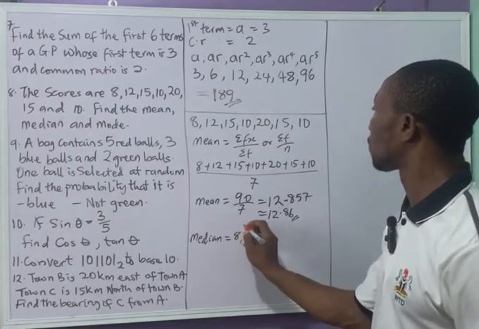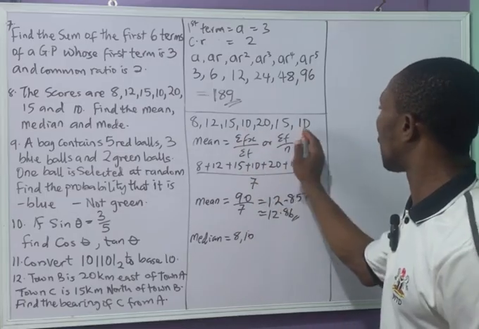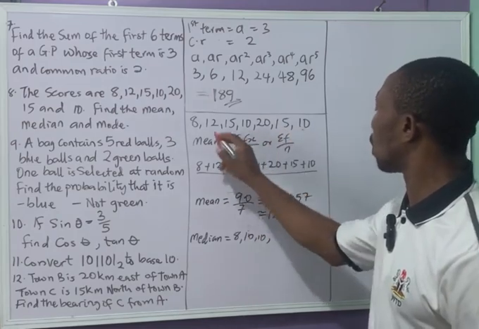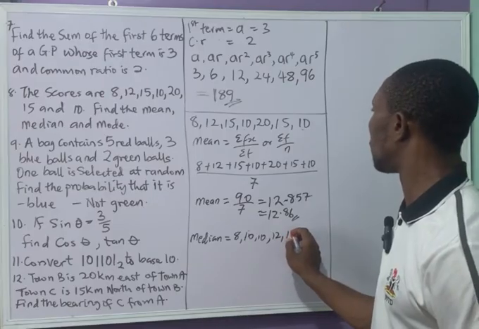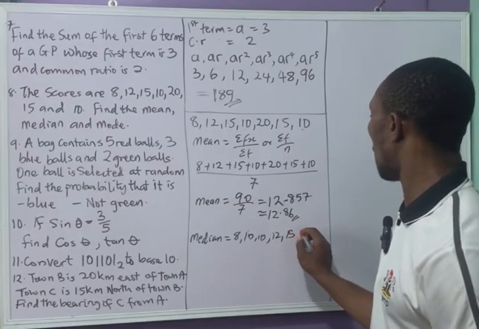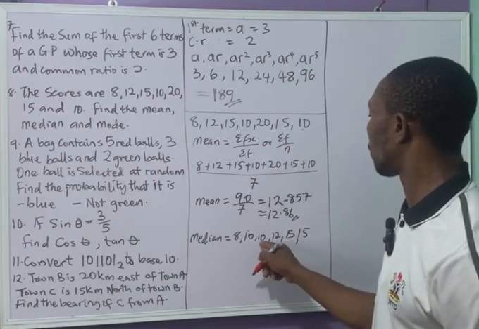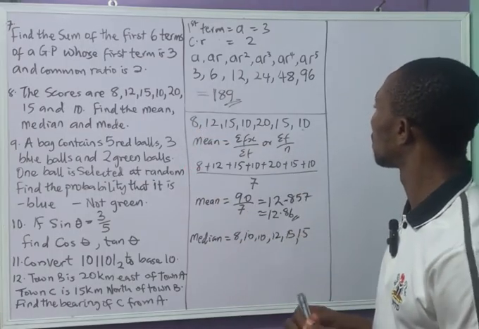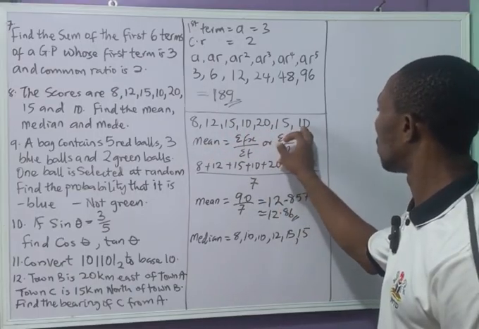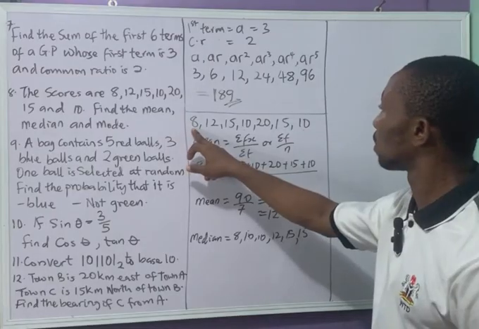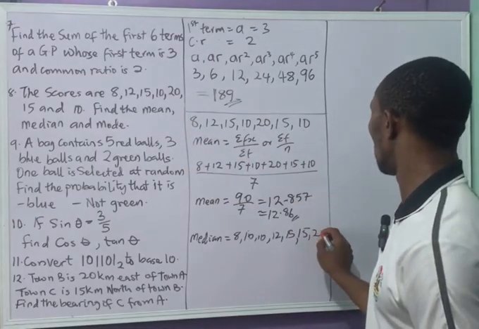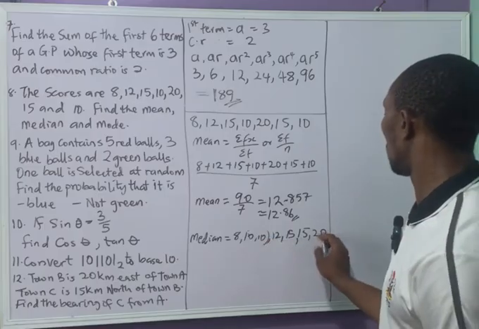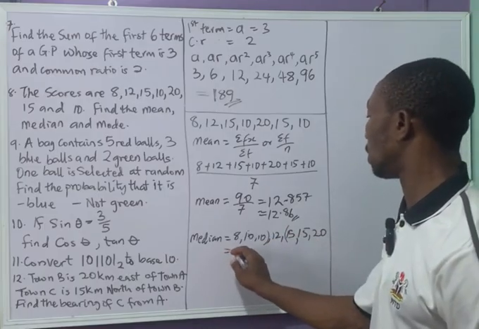We have 8 followed by 10 followed by another 10, followed by 12, then 15 and 15, then 20. So now we count 3: 1, 2, 3 on one side. Since there are 7, 1, 2, 3 on one side. So our median is 12.